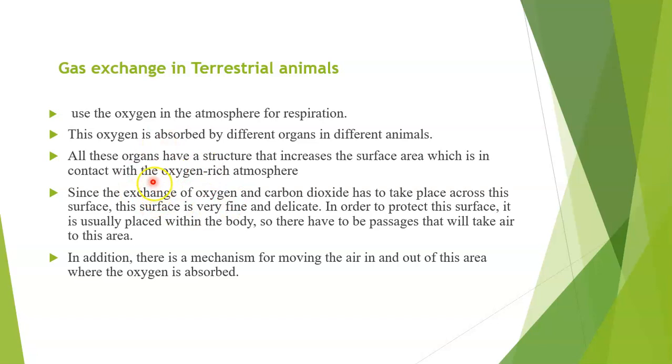Now the speciality of these organs is that the structure is designed in such a way that it will provide more surface area. ठीक है, तो surface area जब ज़्यादा होता है तो it is easy to diffuse the gases. Okay, and then the exchange of oxygen and carbon dioxide will take place at this surface only.